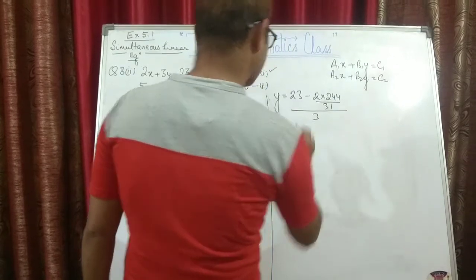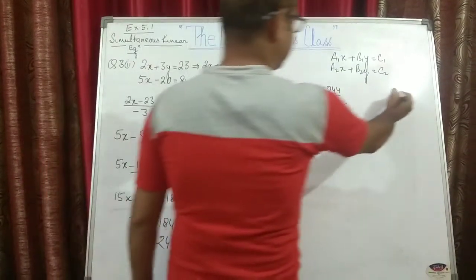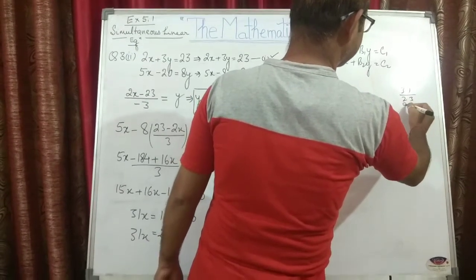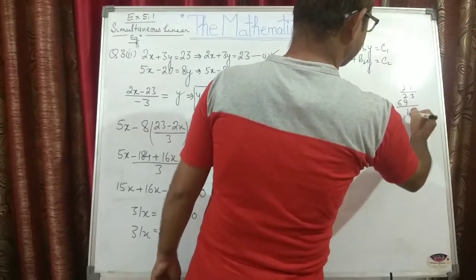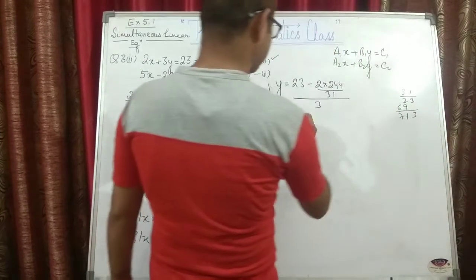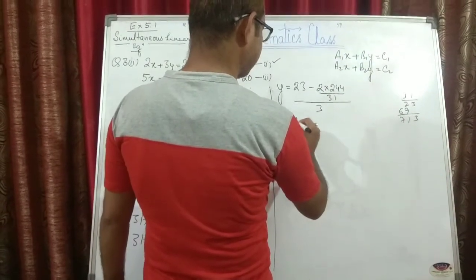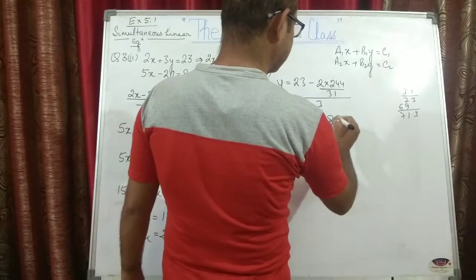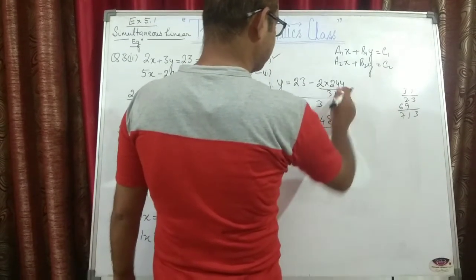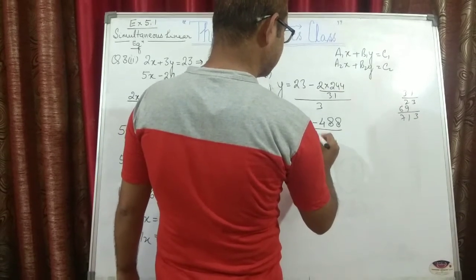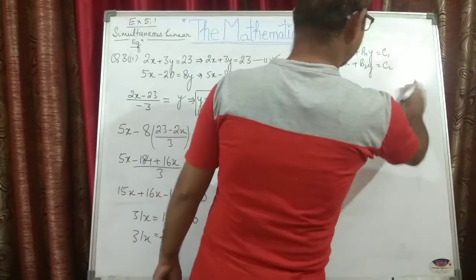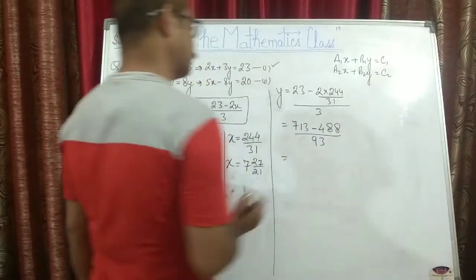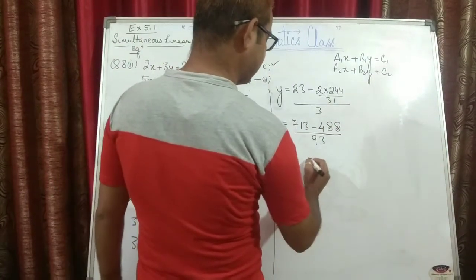Now when you solve it out, 23 into 31, this is 23, 3 3s are 9, 3 2s are 6, 713. So this becomes 713 minus 488 upon 31 into 3, that is 93. Now we just solve it out.